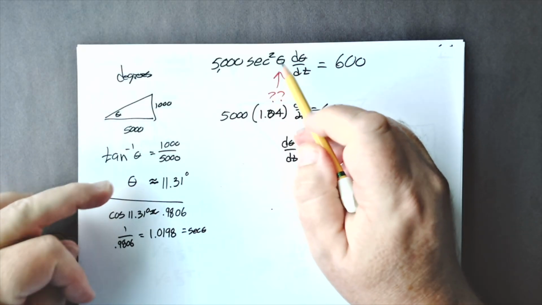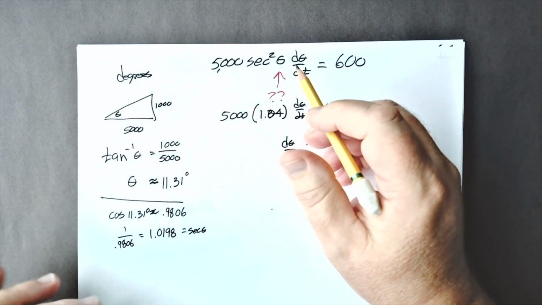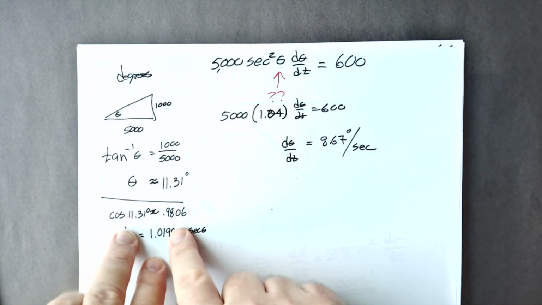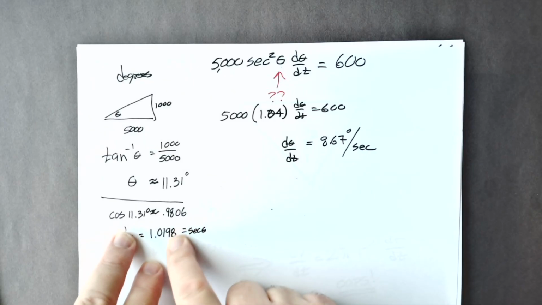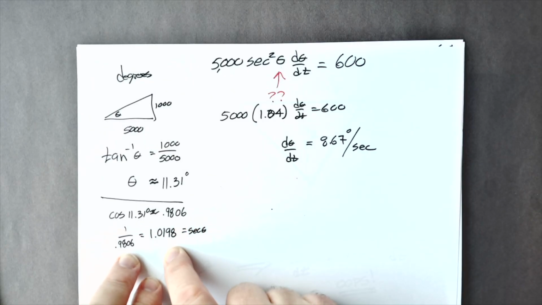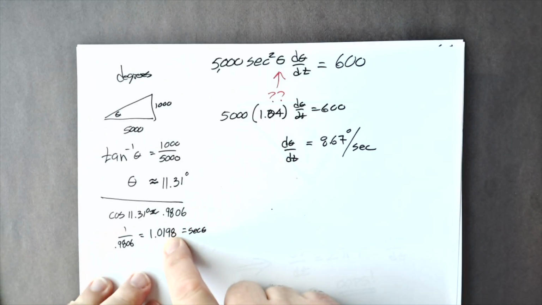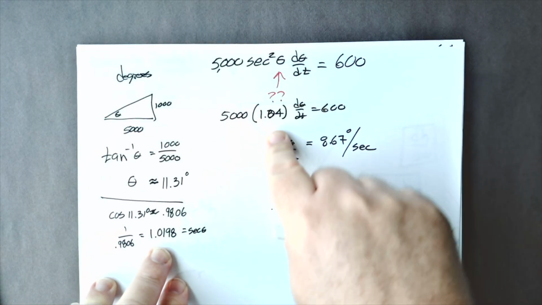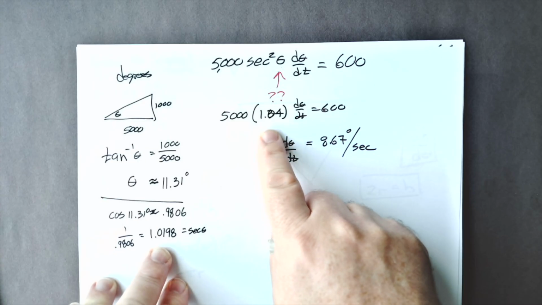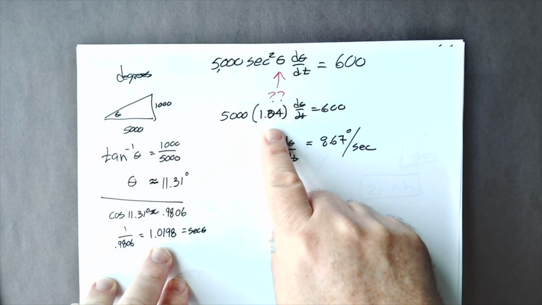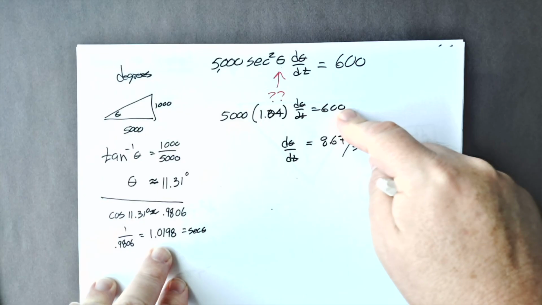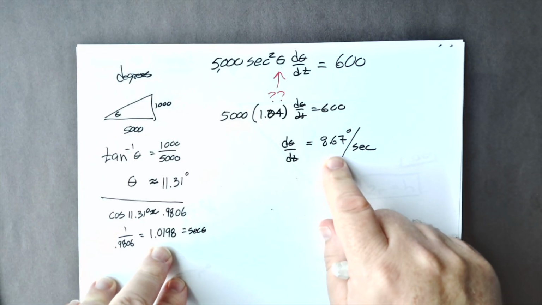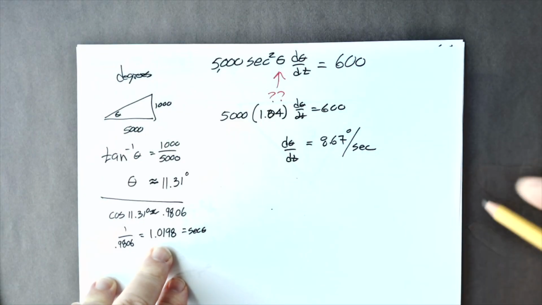Remember, your calculator doesn't have secant, so I'm going to compute the cosine of that, take the reciprocal to find the secant, and then square that. And so I get about 1.04. Multiply that by this and divide, and I get about 8.67 degrees per second.